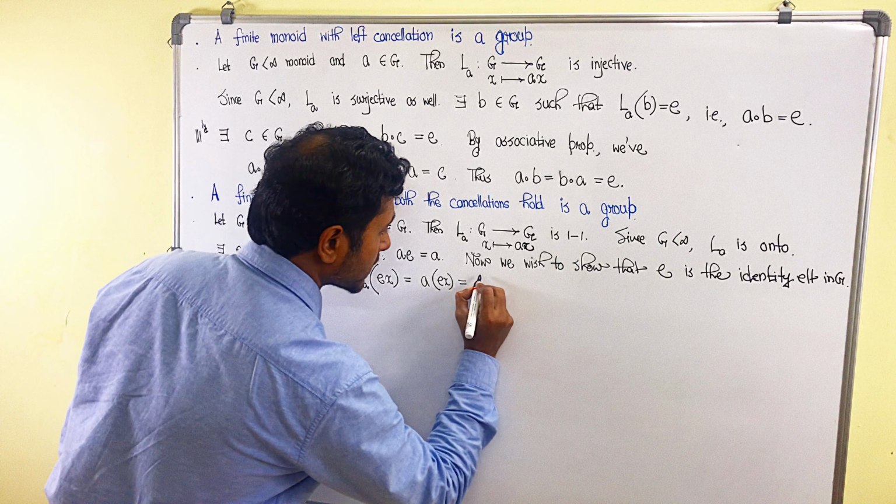But ae is the same as a, so this is ax, and that means L_a of ex is the same as L_a of x. But L_a is injective, and therefore that would imply ex equals x. Let's call this equation A.